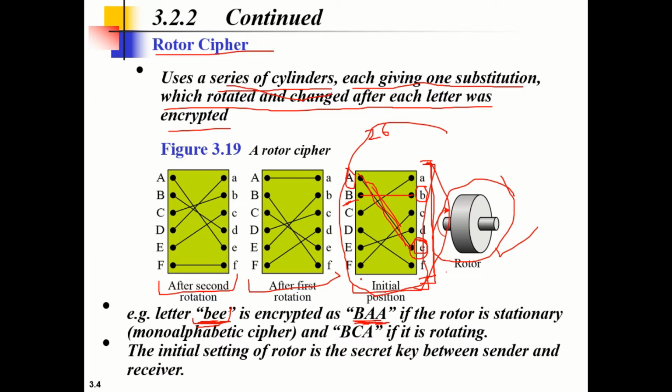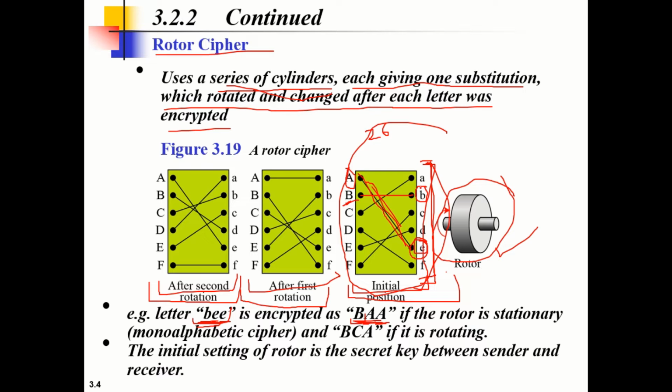If we rotate this cylinder, then what cipher text do we get? In that case, the first alphabet will be encrypted using this cylinder, the second alphabet using this cylinder, and the third alphabet using this cylinder.